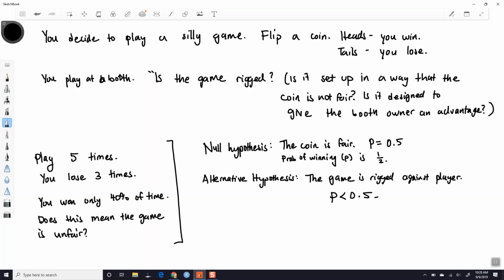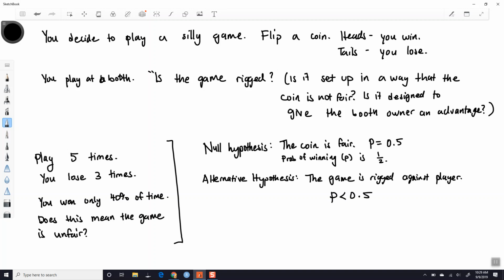If it turns out that the booth owner had made a mistake and they rigged it to give the player an advantage, this would not upset us, right? We would not complain to the county fair. I don't know if there's some kind of gaming commission for the county fair, but we would not go to them and complain.